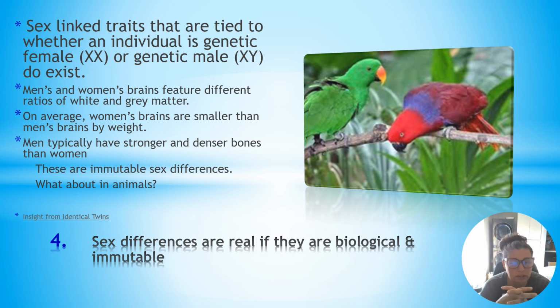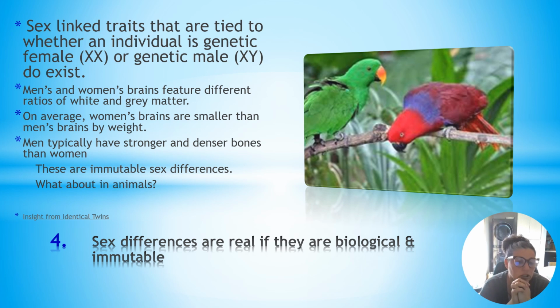And human beings as well have some genetic differences based on being male-bodied or female. We do know men's and women's brains have different ratios of white and gray matter. On average, women's brains weigh a little bit less than men's brains, and men typically have stronger and denser bones than women do.